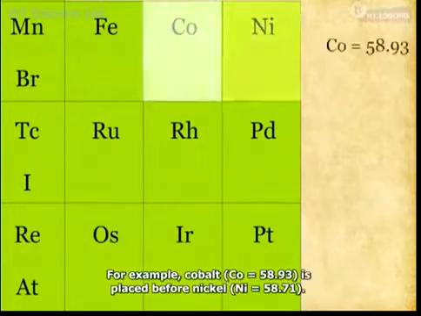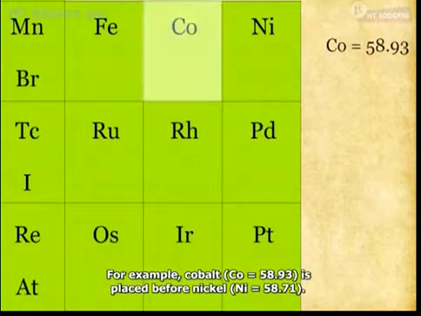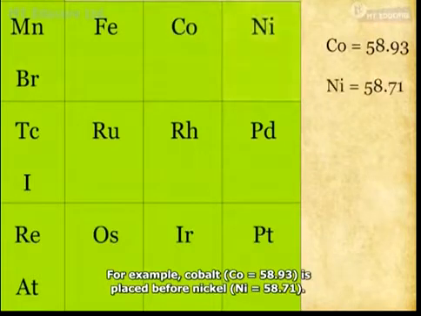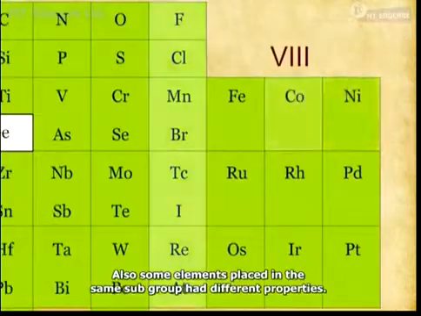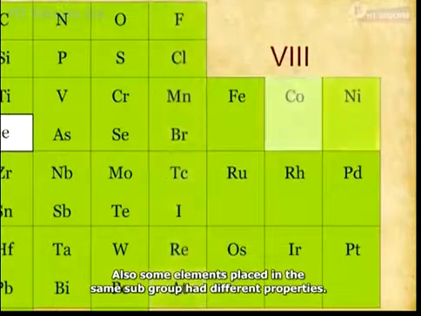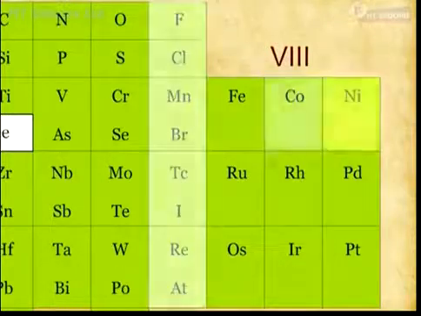For example, cobalt, whose atomic mass is 58.93, is placed before nickel, whose atomic mass is 58.71.